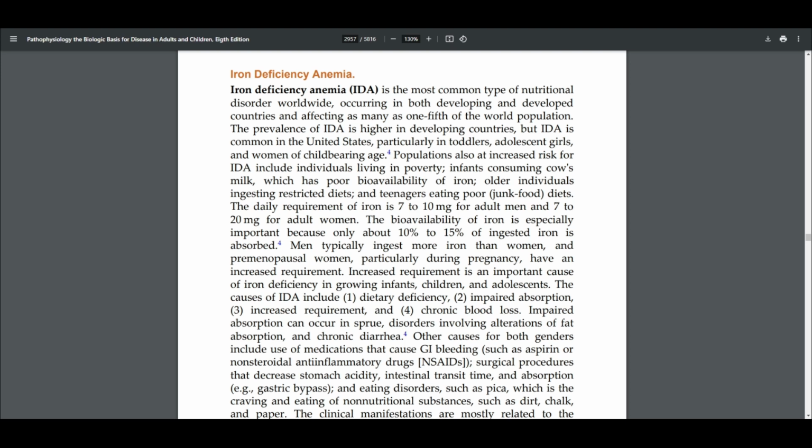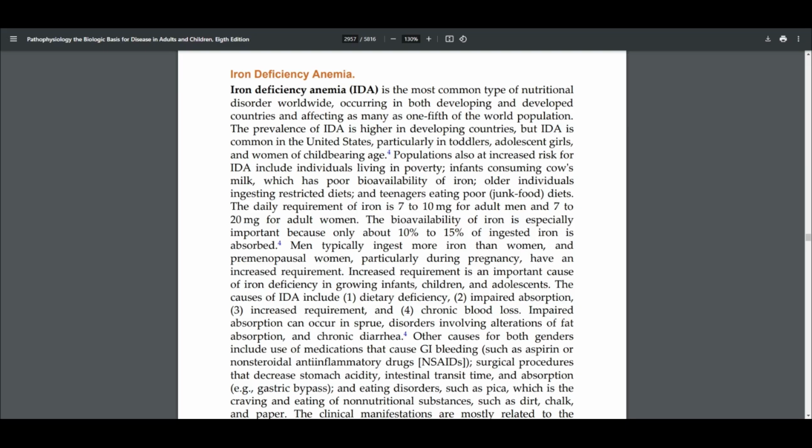Populations also at risk for IDA include individuals living in poverty, infants consuming cow's milk, which has a poor bioavailability of iron, older individuals ingesting restricted diets, and teenagers eating poor junk food diets.